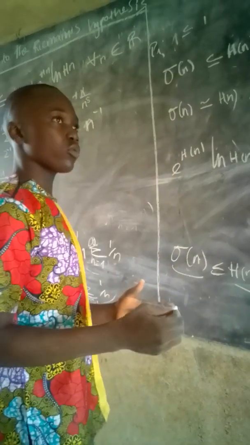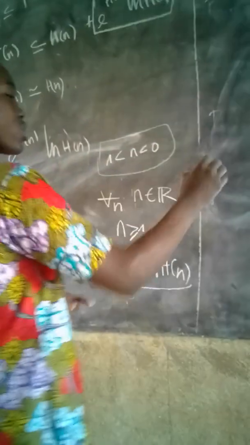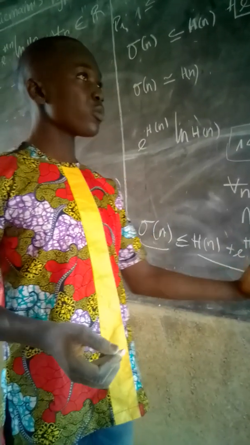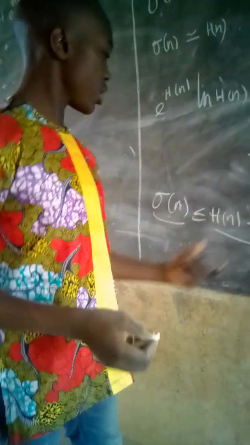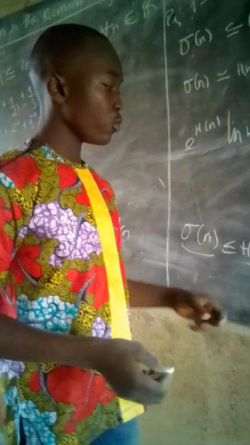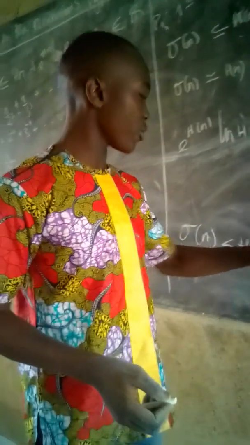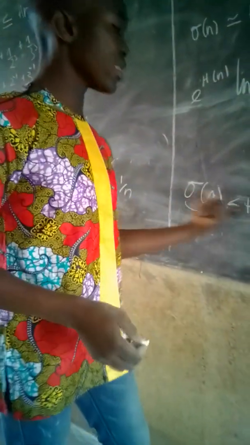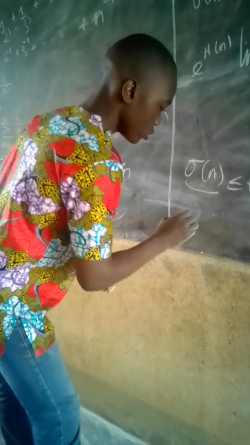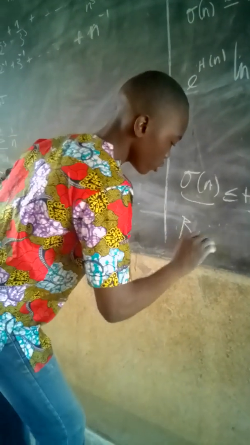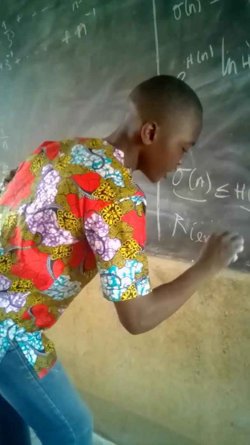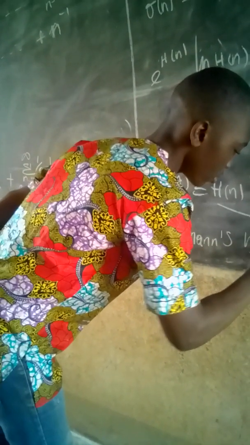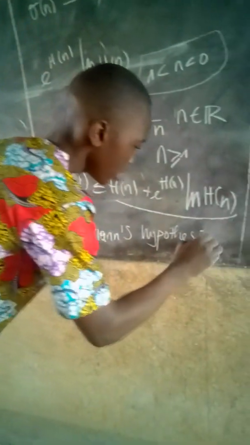So from here we can conclude that our Riemann hypothesis is true, because e to the power Hn will always be positive, and since Hn is already greater than sigma n, and you know that if this one is positive, it will go and add further to this one, making this one more or less than this one. So our Riemann hypothesis is true. Our conclusion from this first video will be that the Riemann hypothesis is true.